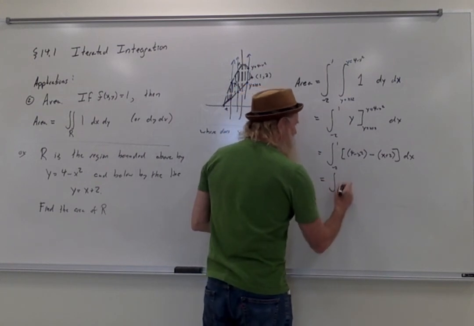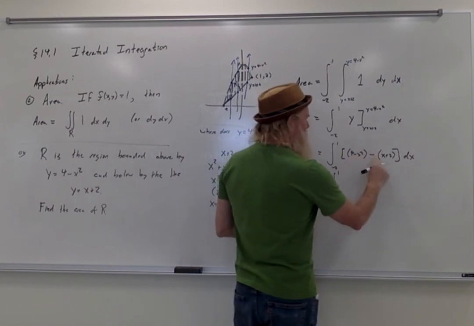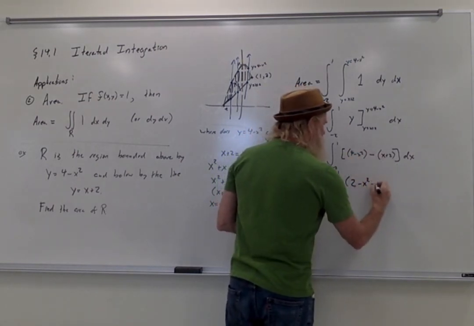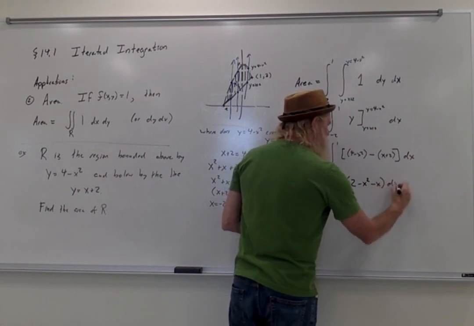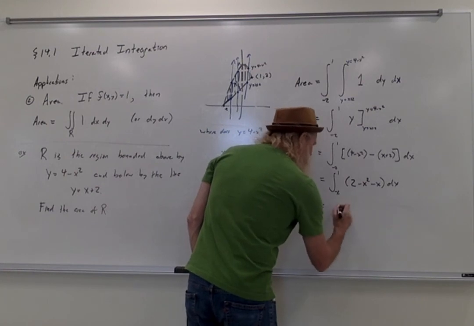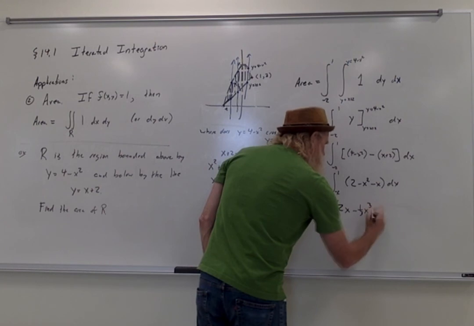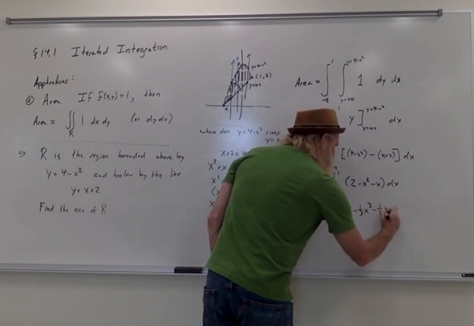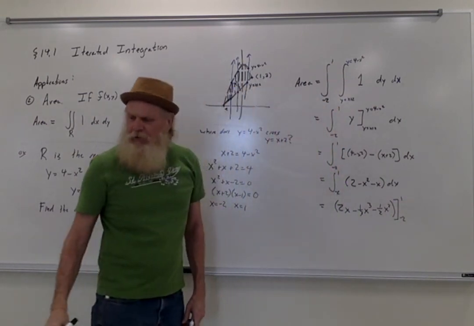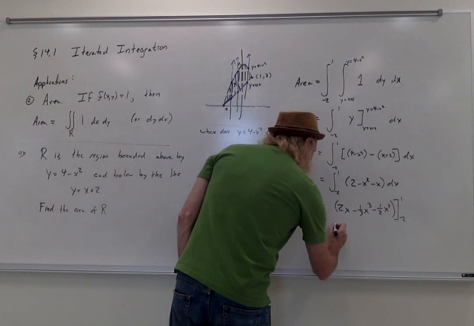So let's simplify inside a little bit and then carry out the second integral. 4 minus 2 is 2, minus x squared minus x. And now integrating, I have 2x minus a third x cubed minus a half x squared taken from -2 to 1. Now I'll plug in my two endpoints and subtract.